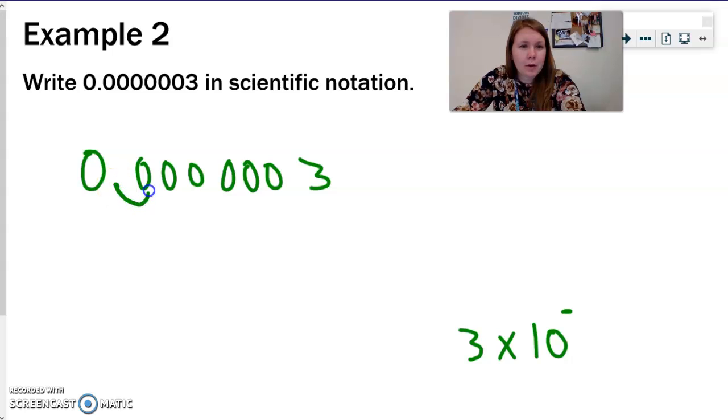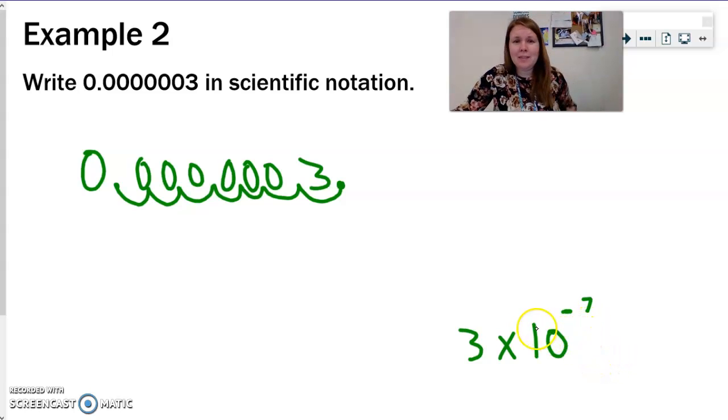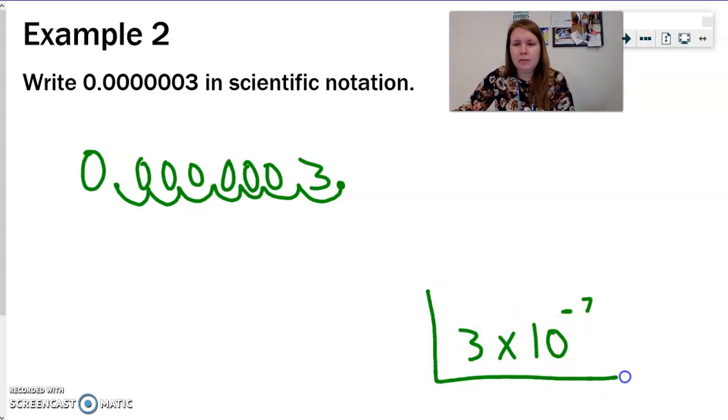So I'm going to count them. 1, 2, 3, 4, 5, 6, 7. I need it all the way to the right. And so that means that I would have a negative 7 as an exponent. And so writing this in scientific notation, I'd have 3 times 10 to the negative 7.